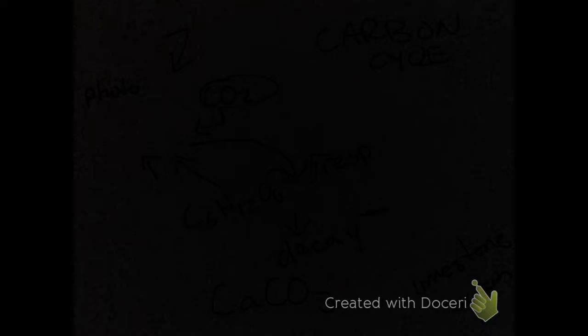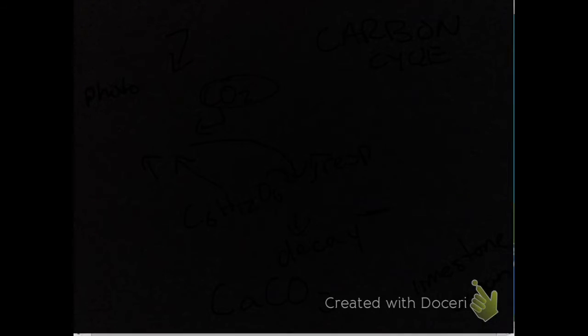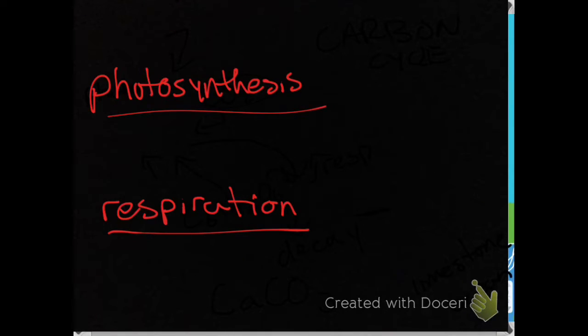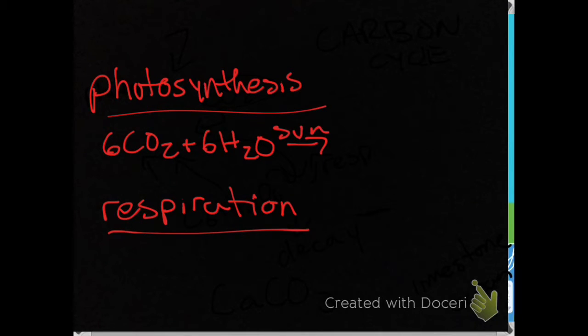To get deeper with what goes on with the carbon in plants, animals, the atmosphere, and soil, we need to recognize and know what goes on in photosynthesis and respiration. So in photosynthesis, it's when 6CO2 and 6H2O reacts with sunlight to make C6H12O6 and 6O2.